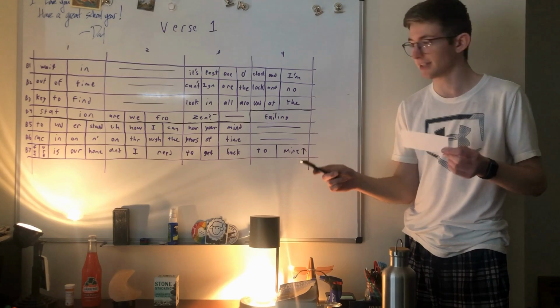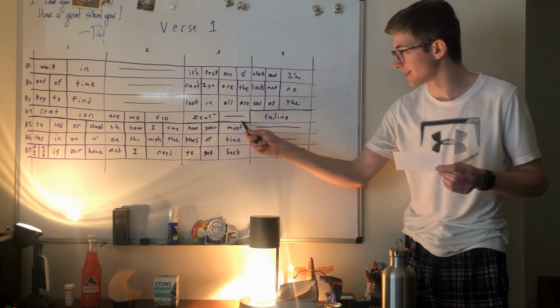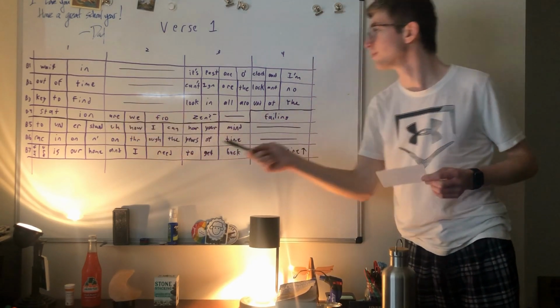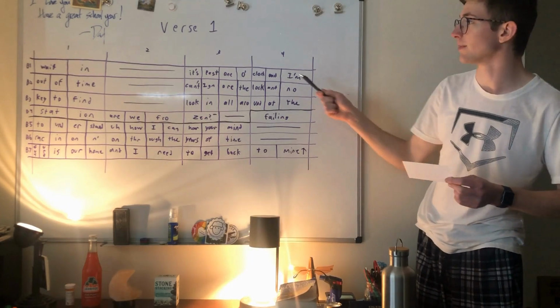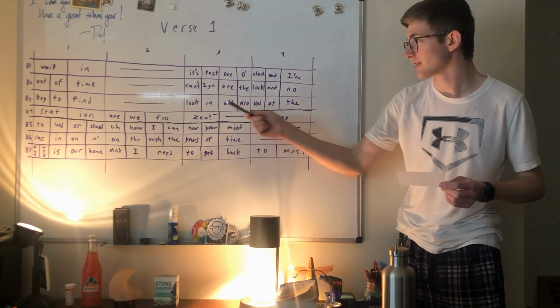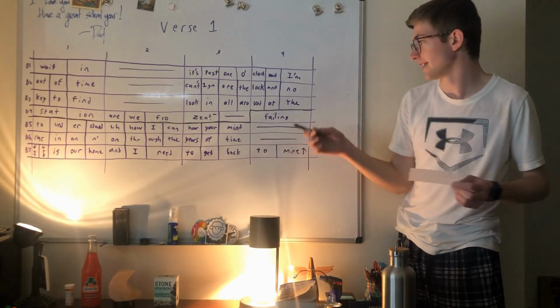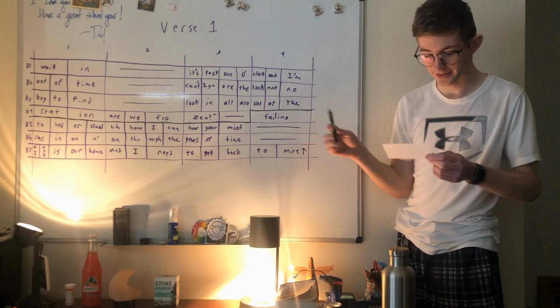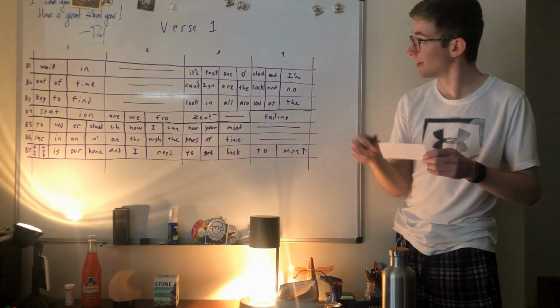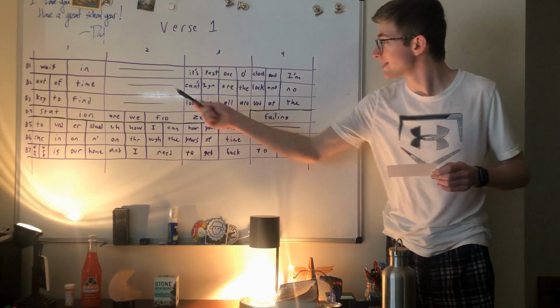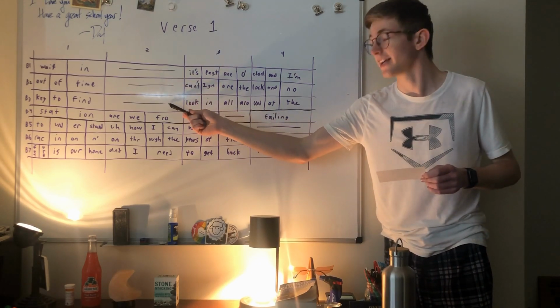Another thing which I'd like you to notice is that there's 2 sections here delineated by this black line. We have this first section on bars 1 through 4, and then bars 4 through 7 is our next section, starting with failing right here. In the first section, you can see that there are 3 rests stacked on top of each other.